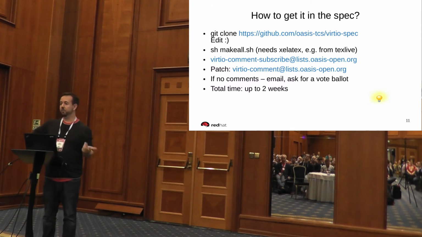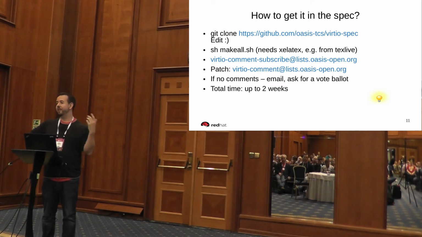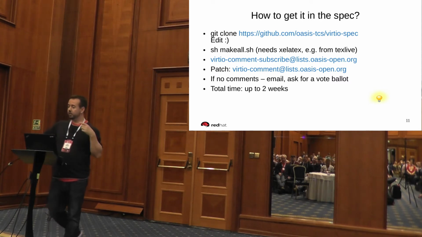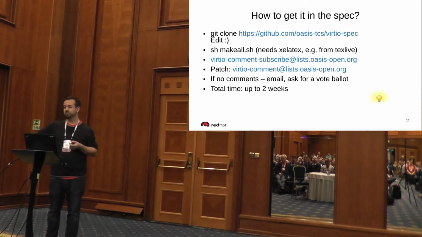And then you need to confirm your subscription. You send your patch to this mailing list, Virtio comments. If everyone's happy, there will be no replies, no comments. And then after a while, maybe after a week, you send an email again, you ask for a ballot. You put Michael Tsirkin, the chair of the technical committee, on CC, and then this vote will be open for another week. So it's about 2 weeks to get your change into the spec.